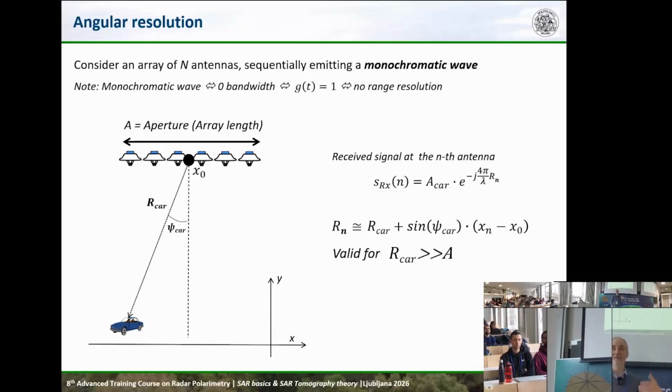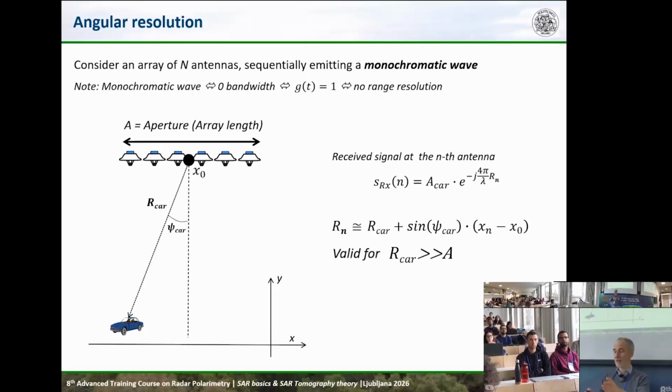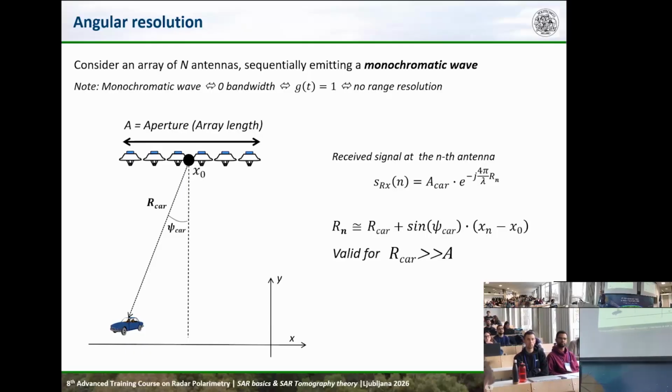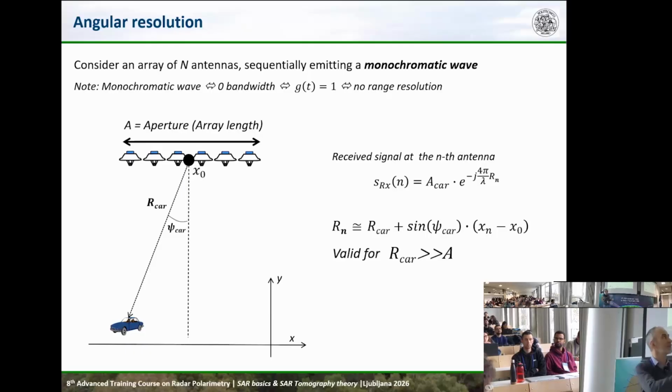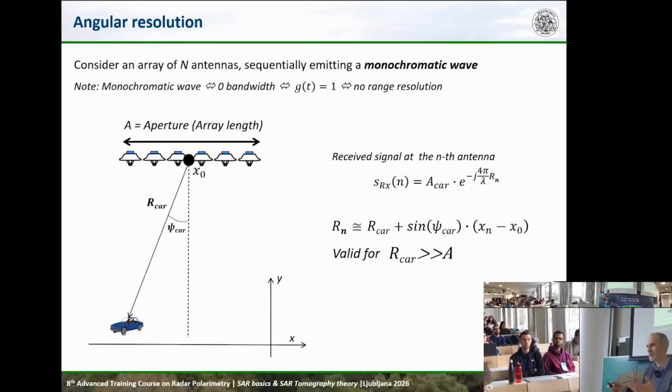So I add the product between the sine of this angle and the difference between the position of antenna number n and antenna number 0. Don't think that actual radar processing is based on this approximation. Actually, we consider the square root and everything in when we do the real processing.